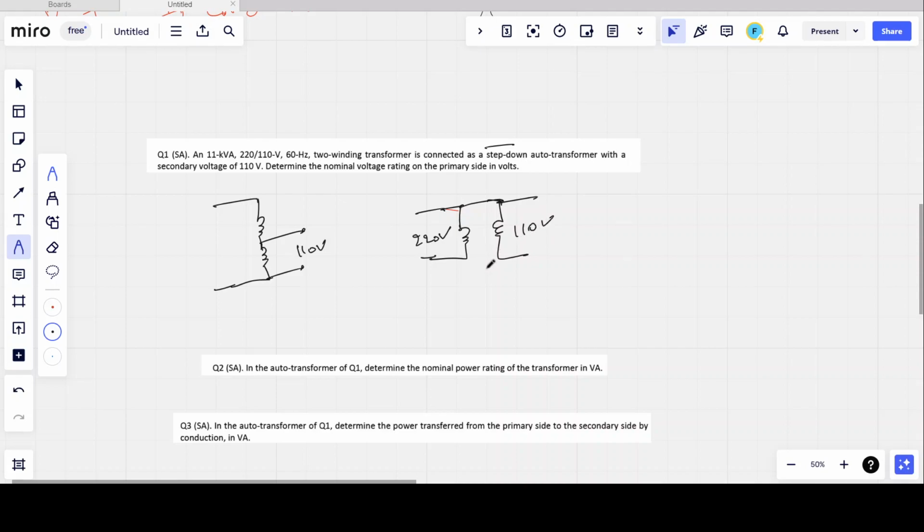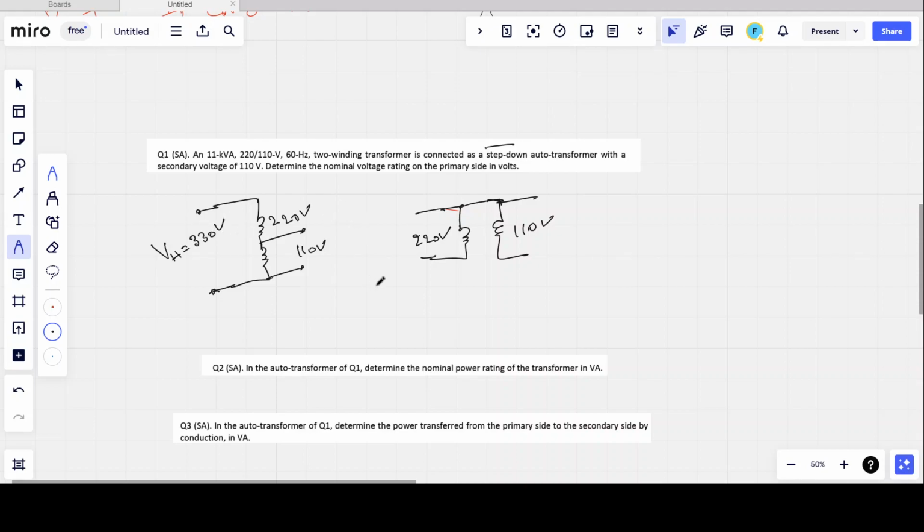So if this is connected as a step down transformer, then the high voltage will be the sum of these two. So it's going to be 220 plus 110. So this one here is actually 220 volts. So by KVL, we can see that the high voltage, V high, which is the primary voltage of the auto transformer, is going to be equal to 330 volts.